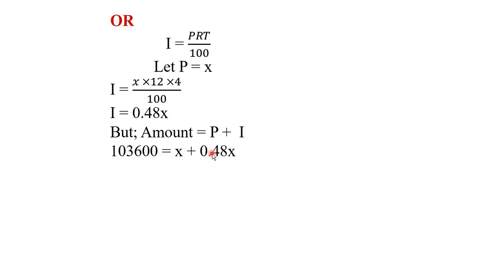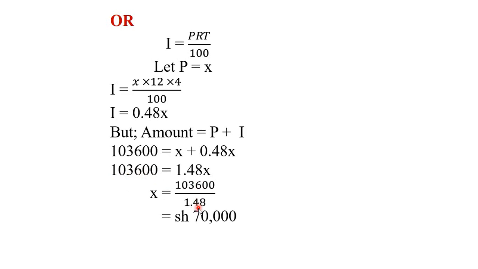When we add X plus 0.48X, that gives us 1.48X. So we shall divide through by 1.48, so that we make X the subject. Then we shall have our X as 103,600 divided by 1.48. When we divide that, we shall still get our 70,000 shillings. So it means that he would have borrowed 70,000 shillings.